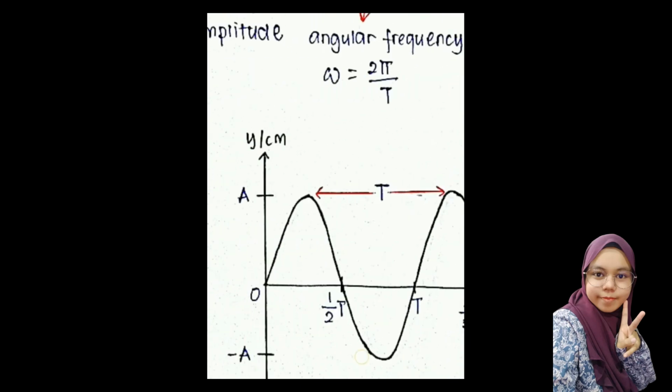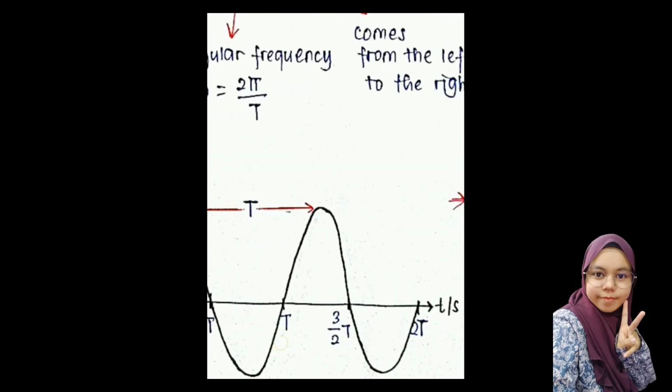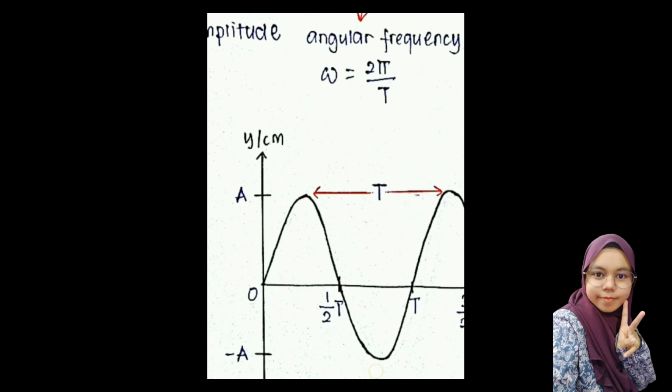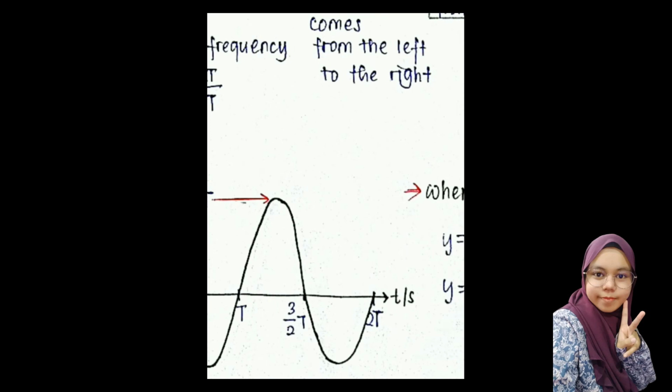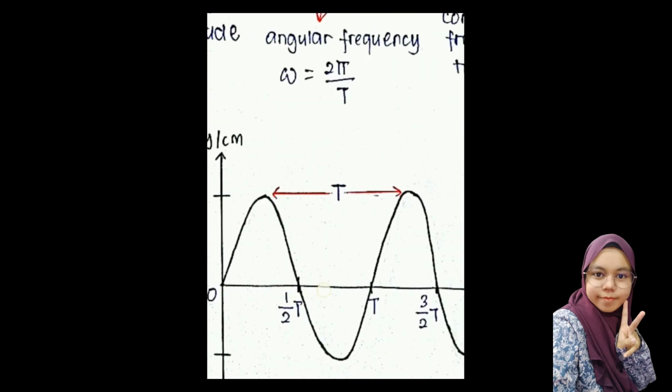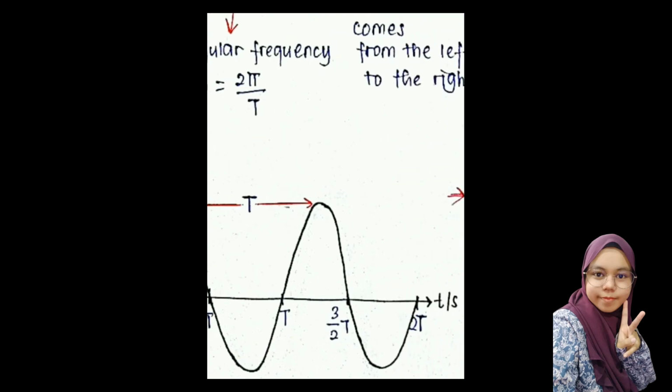So here we have 2 cycles. One cycle means 1 period, 1 T, and another cycle is 2T. Here we have 1 period, phase to phase, and here half of 1 period, 1 over 2T, and here one and a half periods, 3 over 2T.